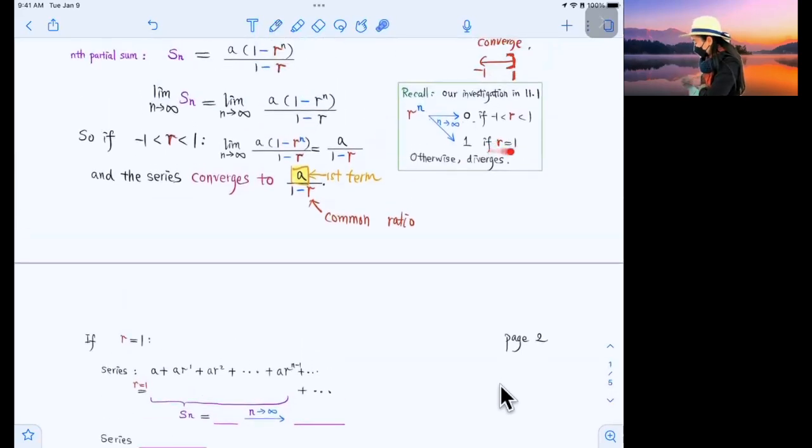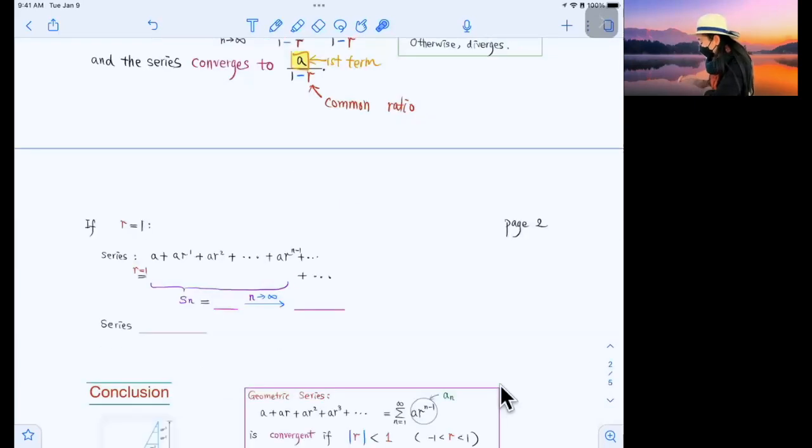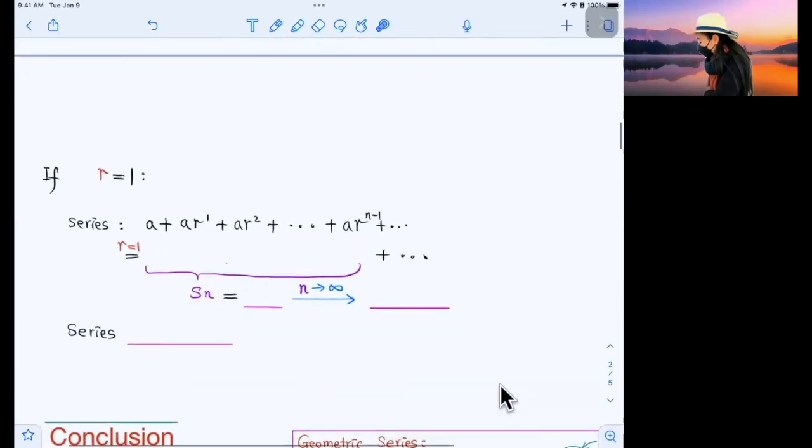Now let's consider the other case, when r is equal to 1. What happens when r is equal to 1? We know that for r between -1 and 1, it converges to this. What about if r is equal to 1? Let's think about the n partial sum. The geometric series is like this: a, and then the next term is a times r, next term a times r squared, and this is the nth term, a times r to the n minus 1.